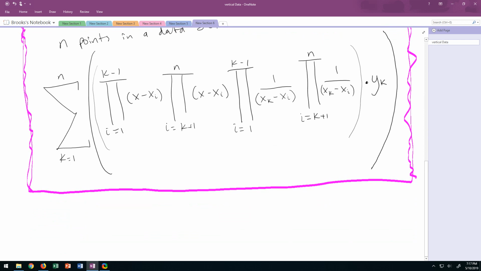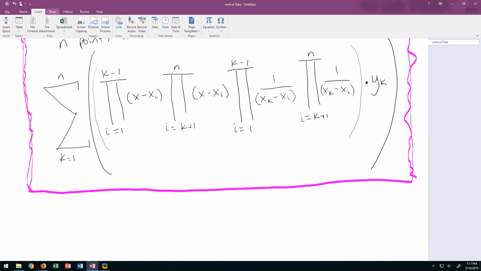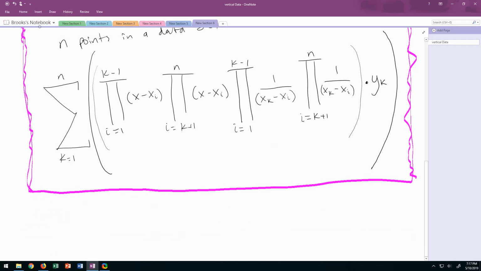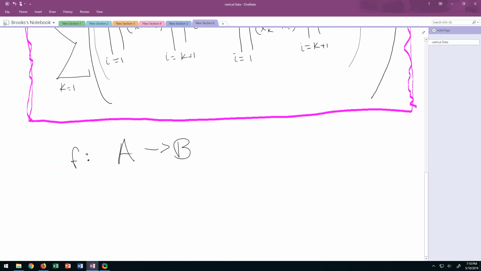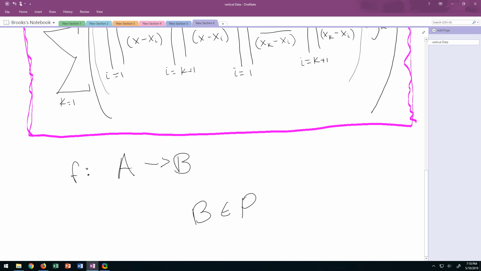And I do claim it's a function, because this function maps, how do I say it, I'll just say it maps A to B, where B is an element of any possible polynomial.